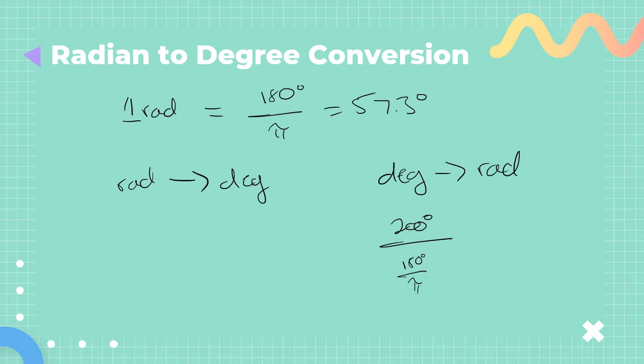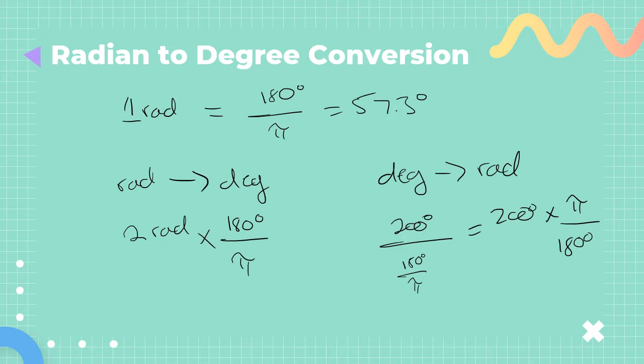And through this process, it basically equals 200 degrees times pi over 180. And that's easy to solve, and then you can just simplify at the end. While for converting radians to degrees, as I said earlier, let's say it's 2 radians, you would do basically 2 times 180 degrees over pi.